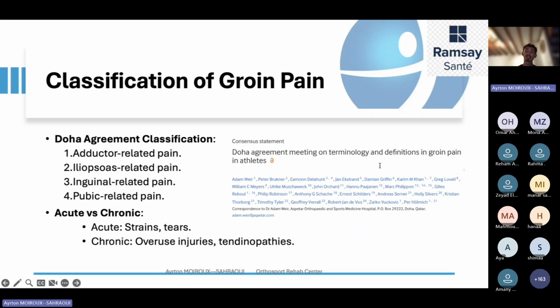It is more complex to manage because it involves persistent biomechanical imbalance and may require long-term intervention. So understanding this classification is the key to developing an individualized treatment strategy, ensuring that interventions target the specific underlying pathology.